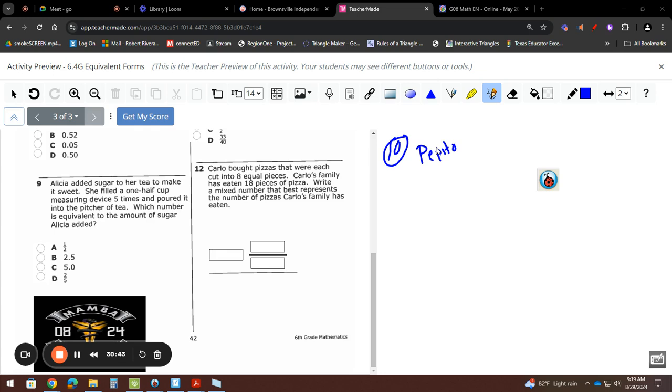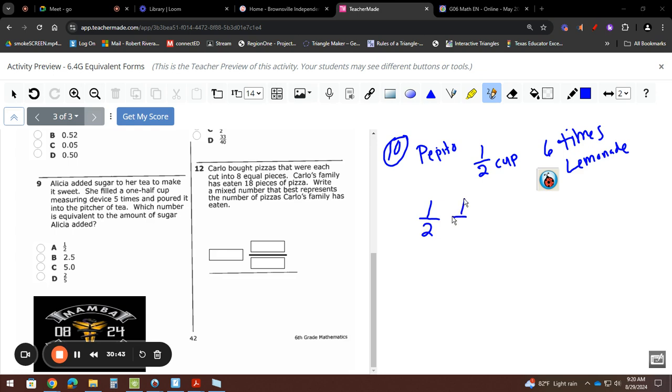So Pepito also has a 1/2 cup and he filled it 6 times to make the lemonade. So that means, which fraction or decimal is equivalent to what she did? Okay, so we're doing half 6 times.